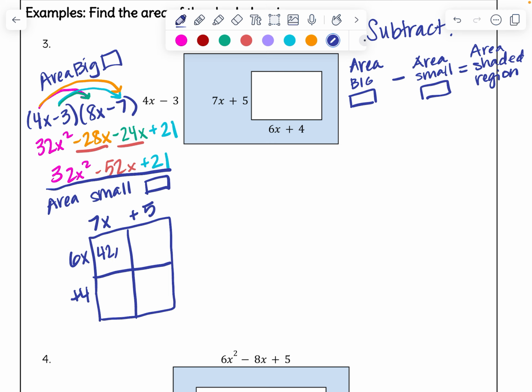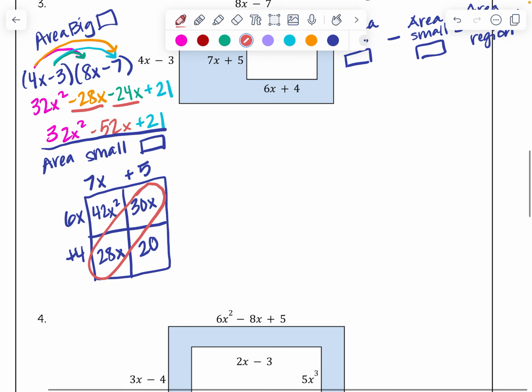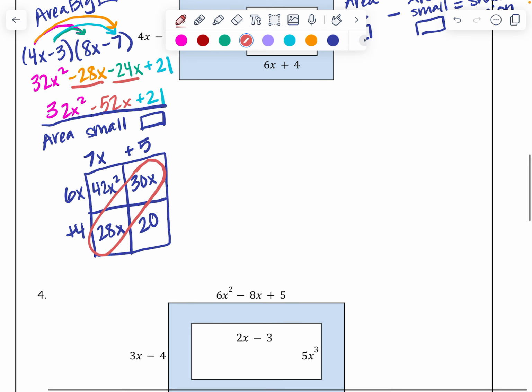So 42x squared, 30x, 28x, and 20. And these are the like terms I'm going to be adding. So final area for the small rectangle is 42x squared plus 58x plus 20.